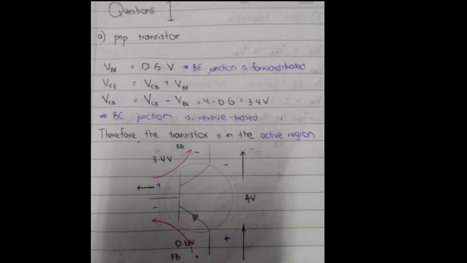To find VCB, we use the formula VCB equals VCE minus VBE, equals 4 minus 0.6, equals 3.4. If the value is positive, we conclude it is reverse bias, and VBE is forward bias. With forward bias and reverse bias, we conclude this transistor is in the active region.